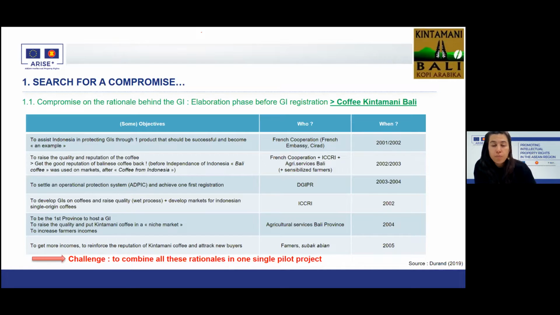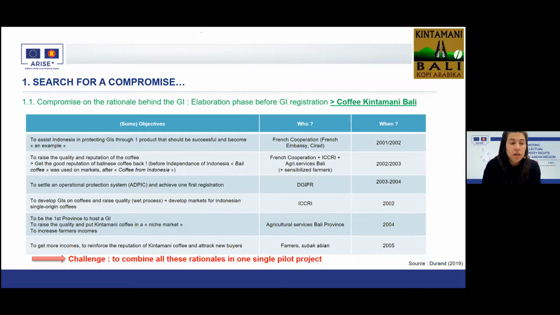For another group of stakeholders, that was a mixed group composed by French cooperation actors, ICRI, which is the Indonesian Coffee and Cocoa Research Institute, and also the Agricultural Extension Services of Bali province, and some very active and sensibilized farmers.